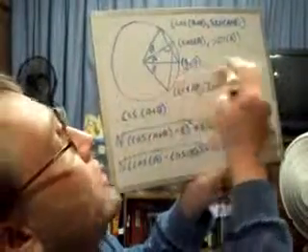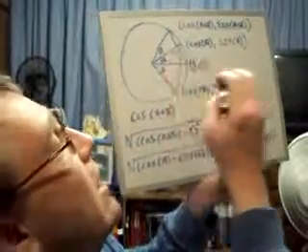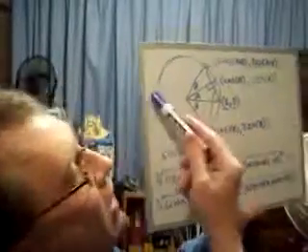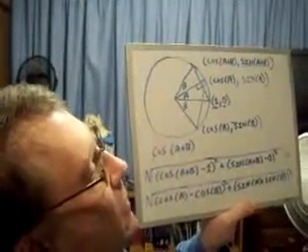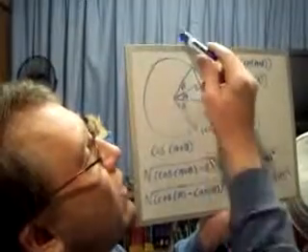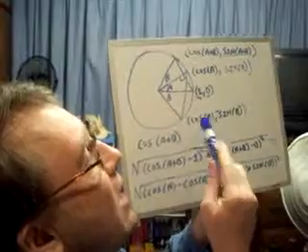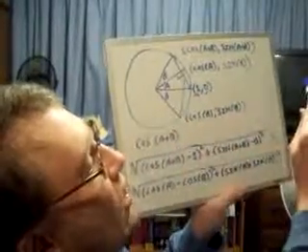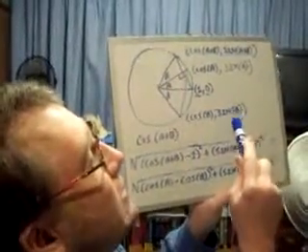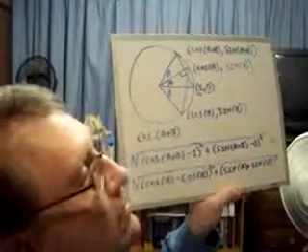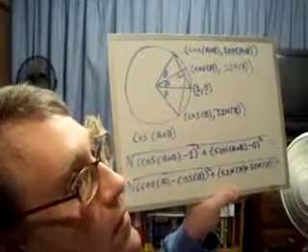But cosine is a horizontal coordinate, and it's still positive because horizontal coordinates are positive going to the right and negative going to the left. Vertical coordinates are positive going up, but negative going down. That's why the cosine of B is still positive, and the sine of B is negative because it's going downward. You understand? If you don't, just leave a comment down below and I'll tell you more.